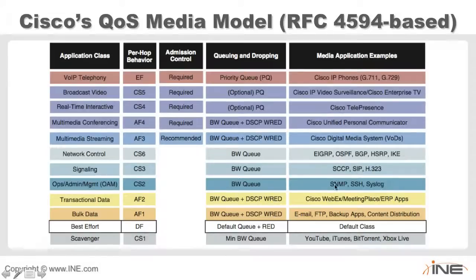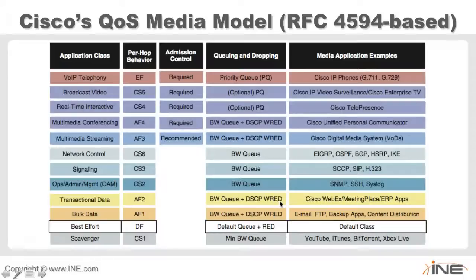Regular bulk transactional data. So things like WebEx or Meeting Place or Enterprise Resourcing, maybe SAP, Oracle, those type of ERP apps. Guaranteed bandwidth, but also give it DSCP weighted RED. Okay, so this weighted RED is the dropping, the weighted random early detection or weighted random early discard, as I like to call it, based on the DSCP value. And by the way, the reason that they're putting only AF2 is they're just giving you the class selector, the 2.